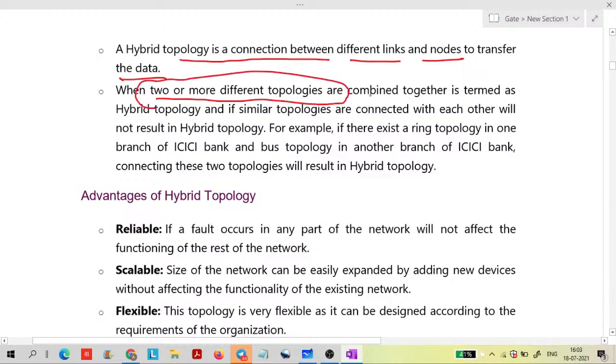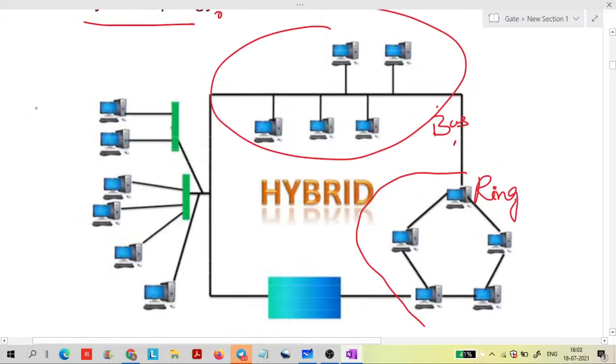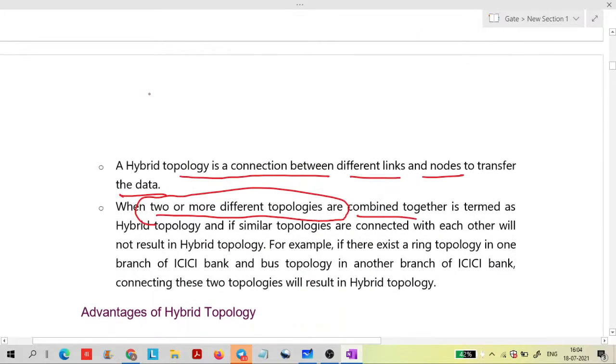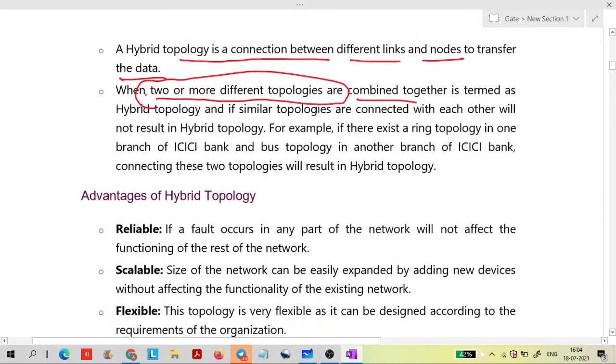In the diagram you can see there is a ring topology and there is a bus topology. If there is a combination of multiple different topologies, it is termed a hybrid topology. If similar topologies are connected with each other, it will not result in a hybrid topology.